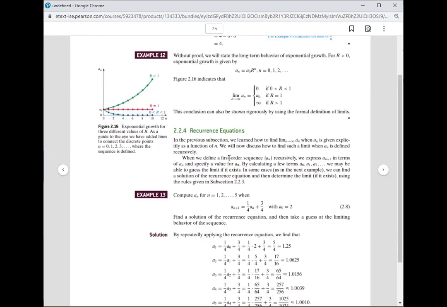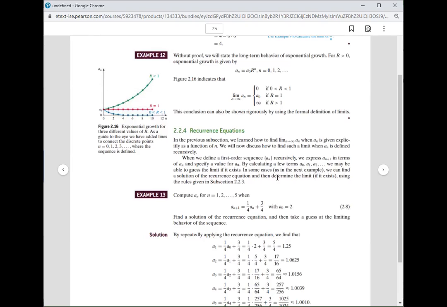When we define a first order sequence recursively, we express a_{n+1} in terms of a_n, and specify a value for a_0. So by calculating a few terms, we may be able to guess the limit if it exists.